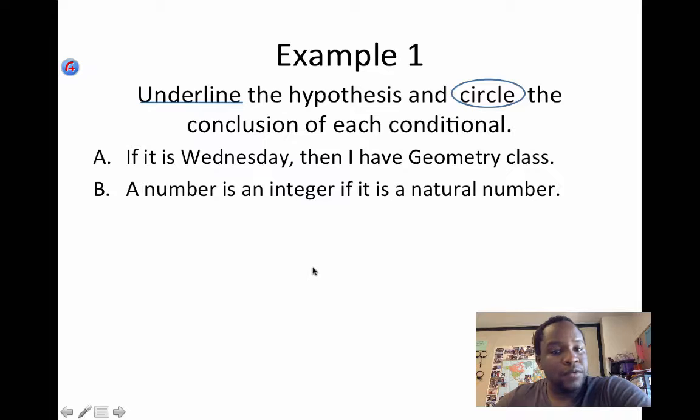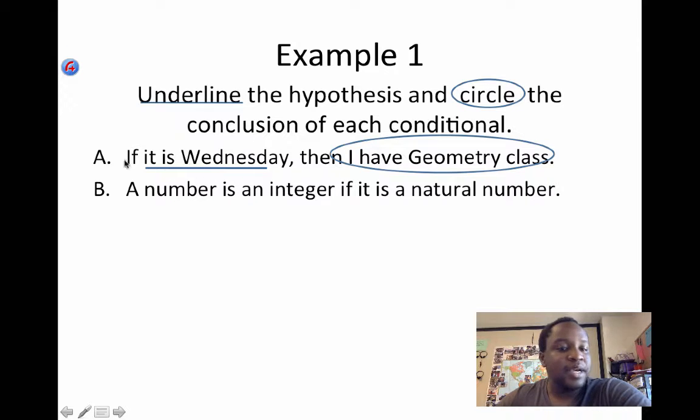If it was Wednesday, then I have geometry class. So it is Wednesday is the hypothesis, the P, because it's after the if statement. I have geometry class is the conclusion because it's after the then statement.